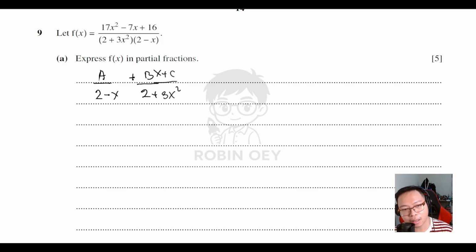Then this is equal to (17x squared minus 7x plus 16) over (2 plus 3x squared)(2 minus x). Okay, first thing first, we have to cross multiply.